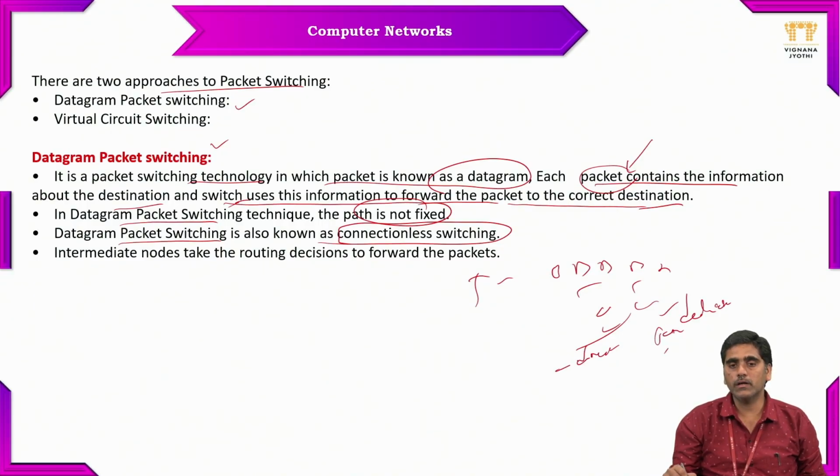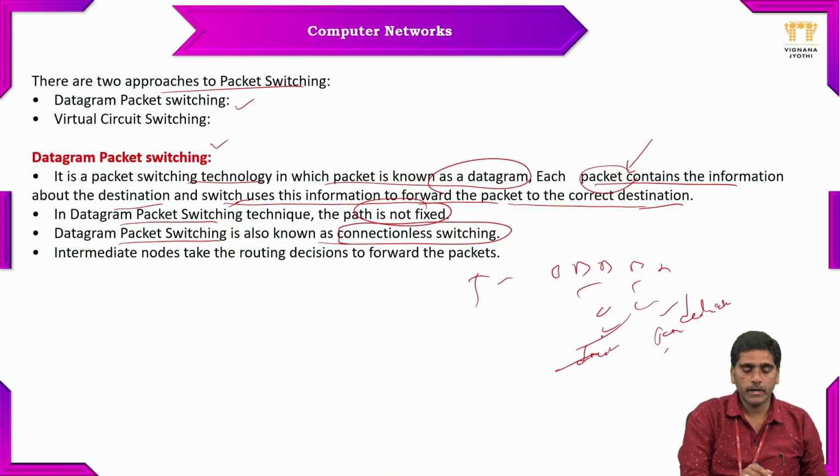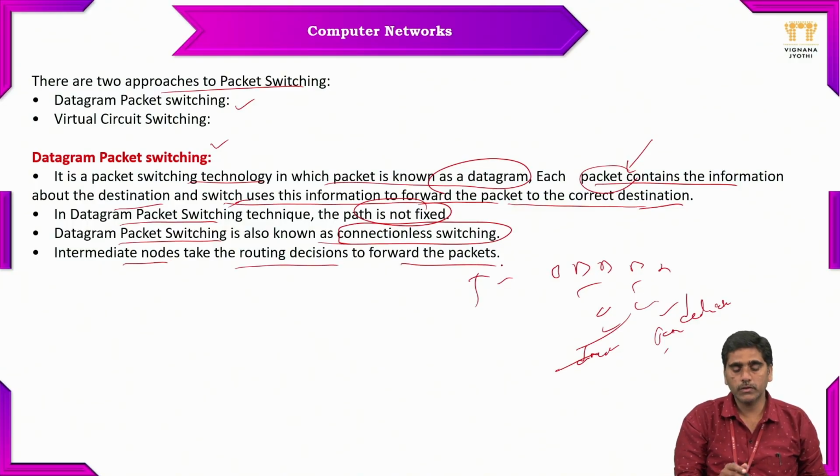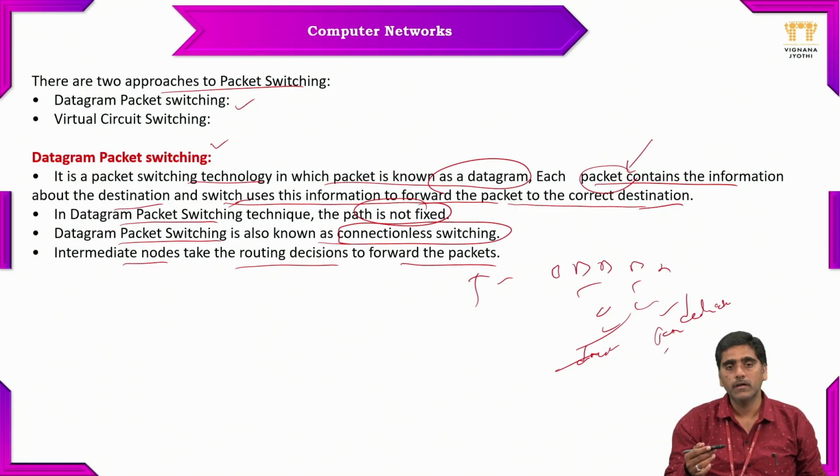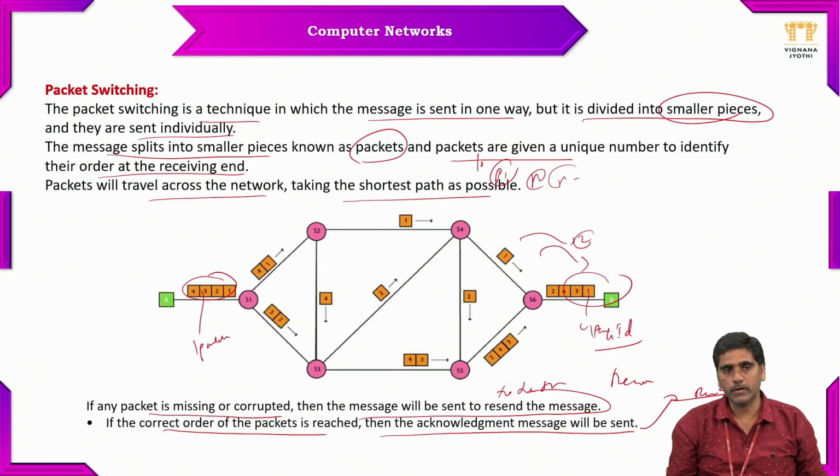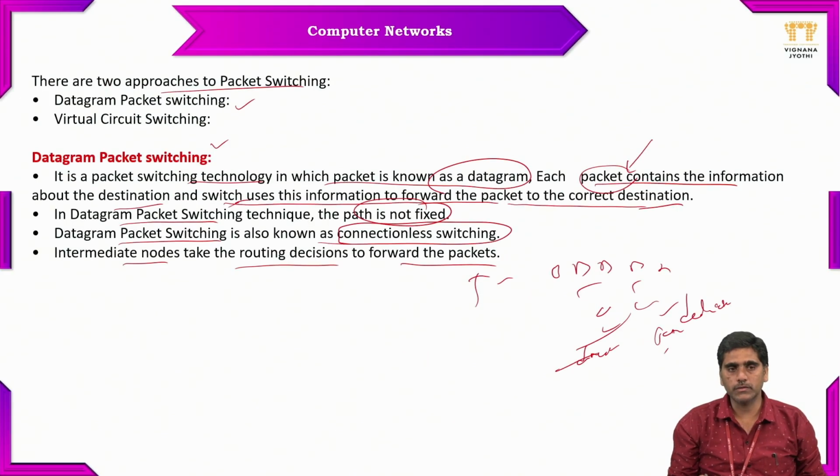They can use different directions. Intermediate nodes take the routing decisions to forward the packets, deciding which packet goes on which route. So this is packet switching.